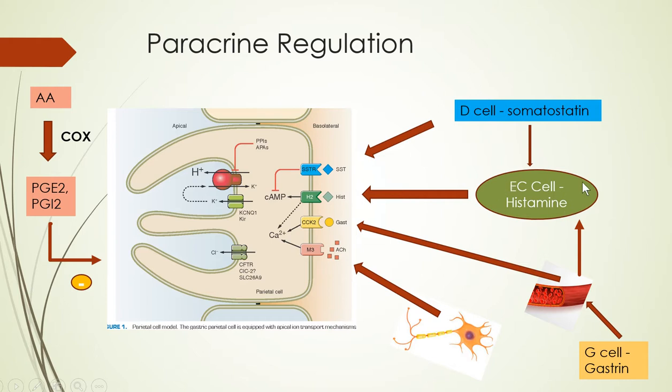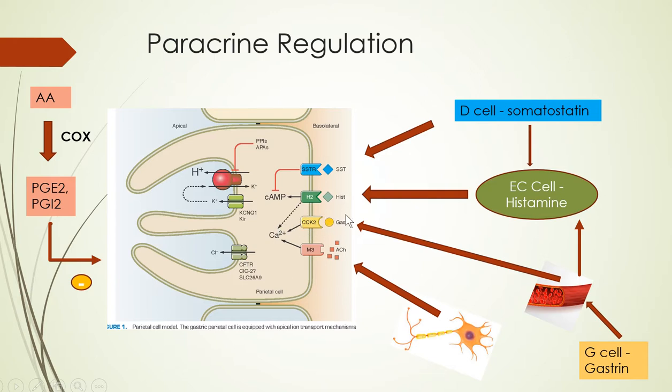Okay. Now these enterochromaffin cells are stimulated by gastrin. The G cells present nearby these parietal cells secrete gastrin. So gastrin is a hormone, so it enters the blood. From the blood, it also stimulates histamine secretion, and directly it also acts on the CCK2 receptor, cholecystokinin 2 receptor, and binds to that and stimulates hydrogen potassium ATPase and increases acid secretion.